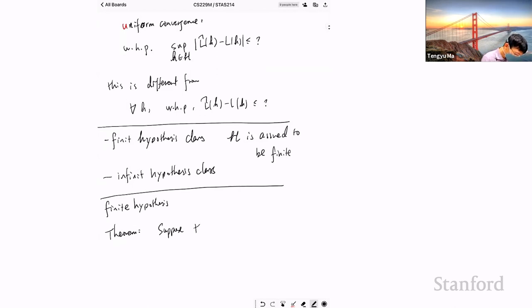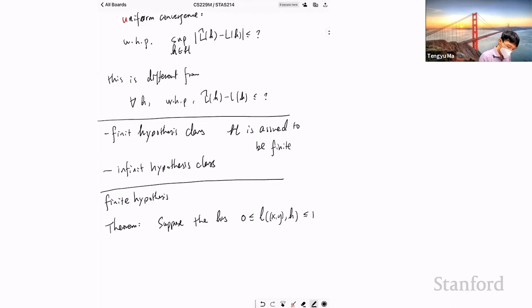Recall that last time we assumed the loss is between 0 and 1 for every x, y and every hypothesis. This is true for the binary loss, the 0-1 loss. It's not true for every possible loss, but if you have other losses, you have to make a small fix to make this proof still work. But this is not very essential; it's mostly for convenience.